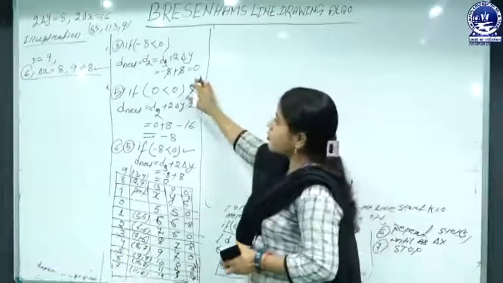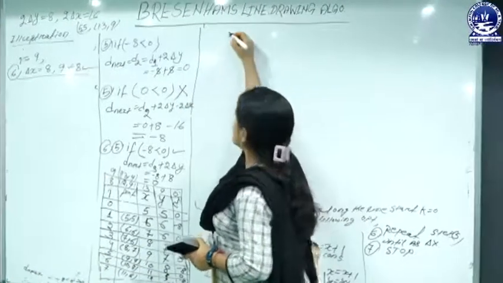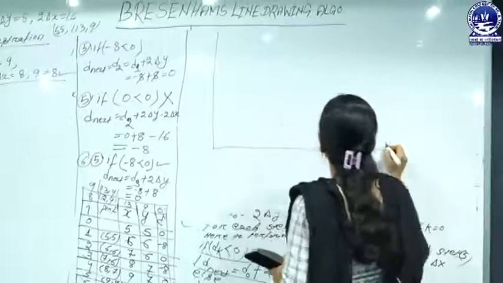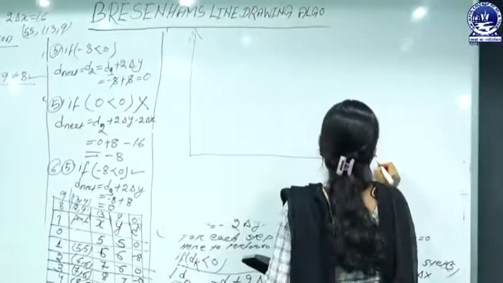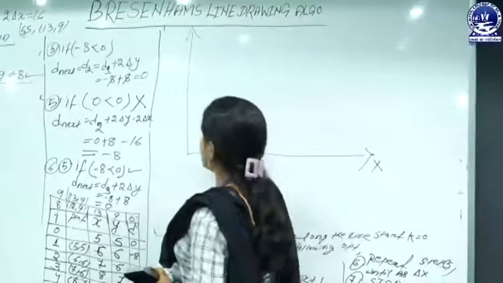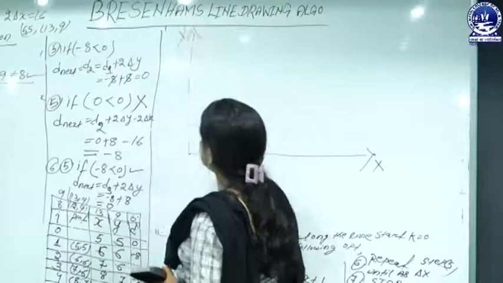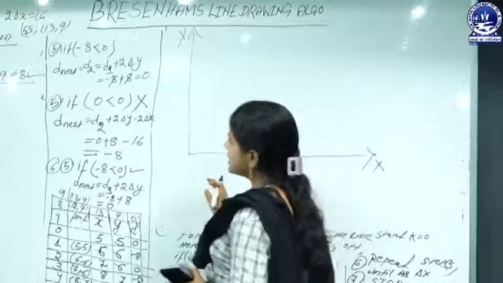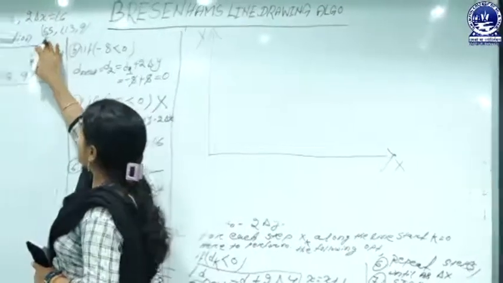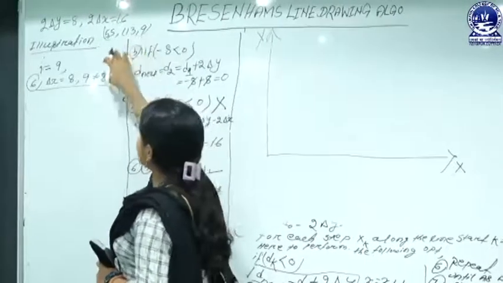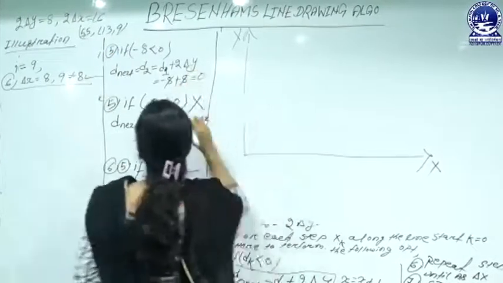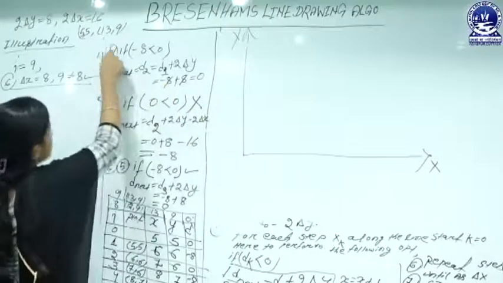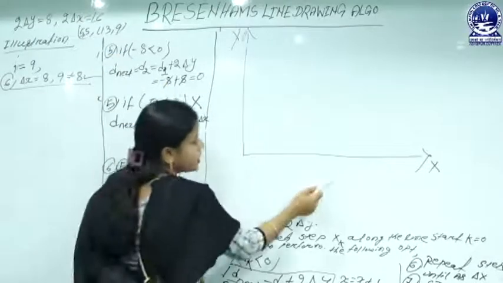As the line provides 2D coordinate elements, now to draw the 2D plane, it has two coordinate axes, one is your x and the other is your y. Here the x coordinate starts from 5 to 13 and the y coordinate starts from 5 to 9.